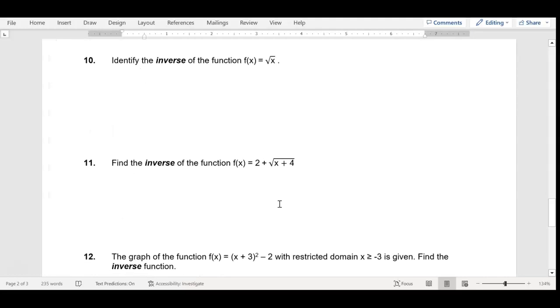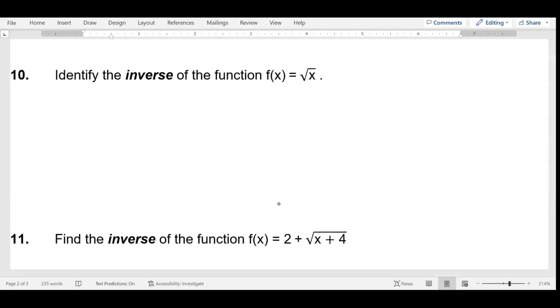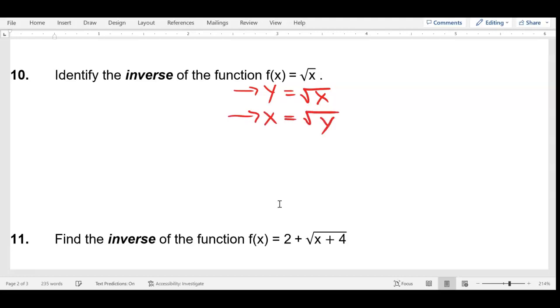Number 10, identify the inverse. Remember, to do an inverse, f of x, step 1, turns into a y. Step 2, switch x and y. Step 3, we need to solve for y.